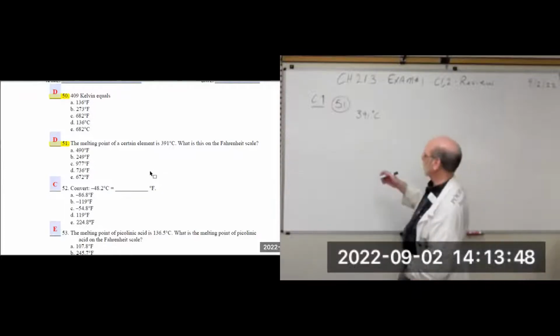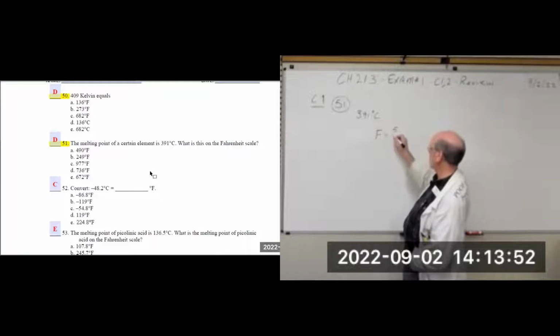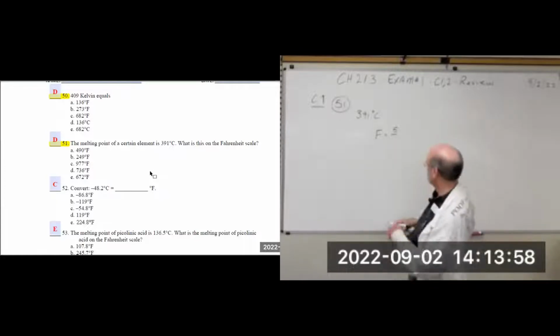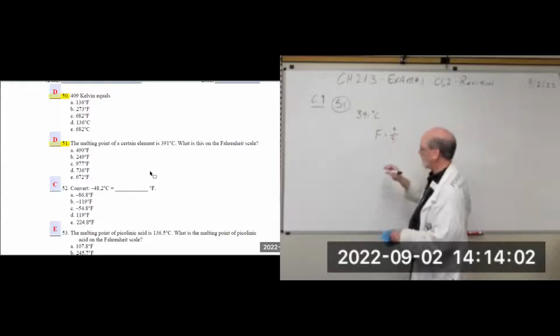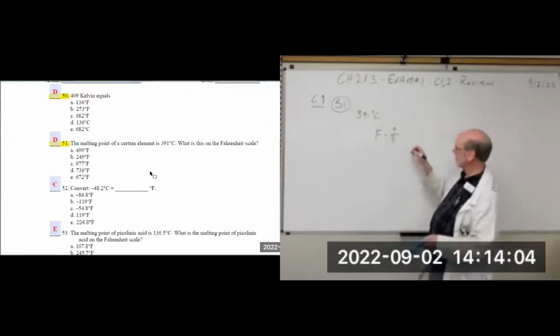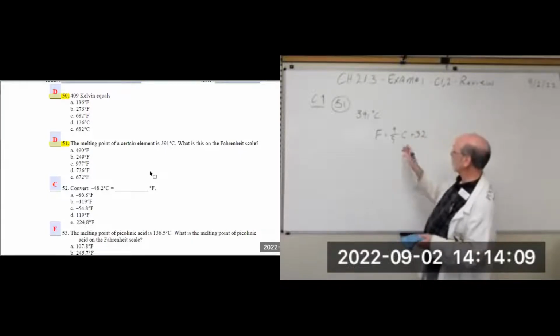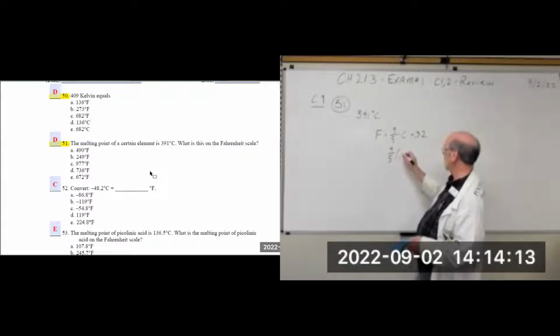But I just memorized this one. Fahrenheit is equal to 9/5, or 1.8, times C plus 32. So we do have C, so we need 9/5 times 391 plus 32.